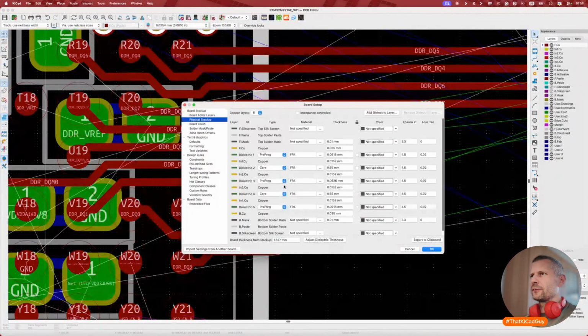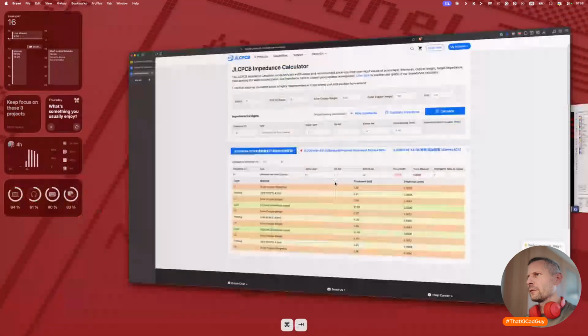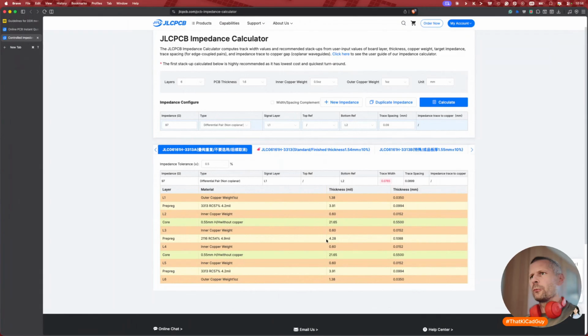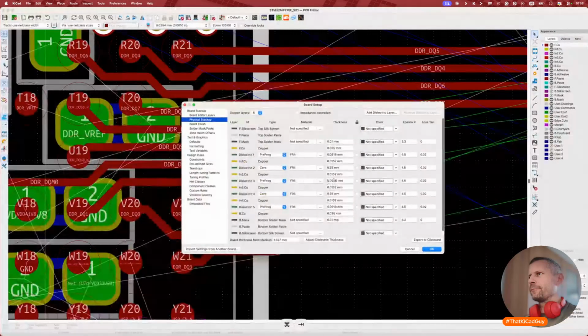Core between 2 and 3 is, no, there is prepreg here. It's in fact core. No, prepreg. Yeah, slightly different.